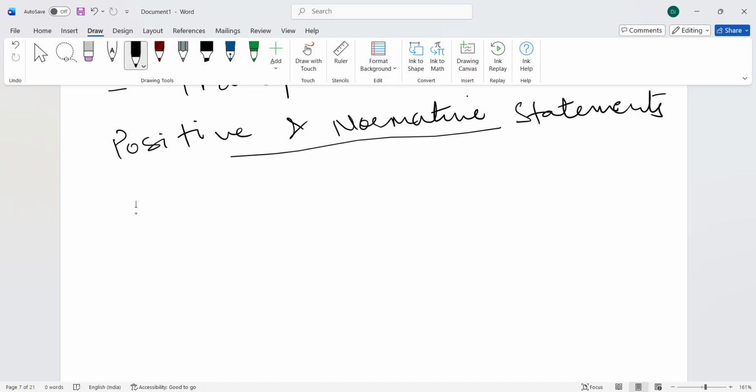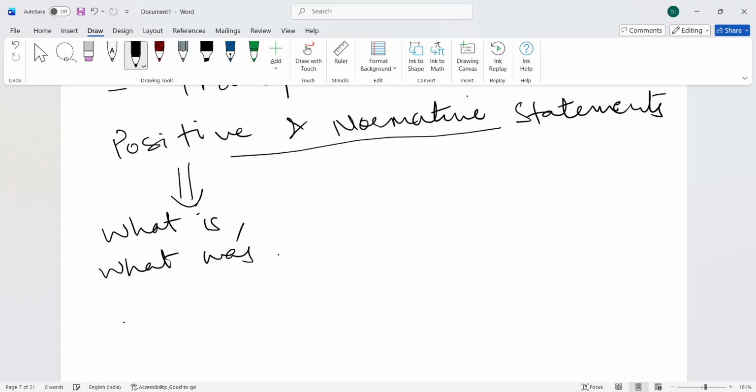All right. Now, this is an entirely new topic which we call positive and normative statements. So I'll go for the positive statements first. Positive statements in economics are statements about what is or what was.